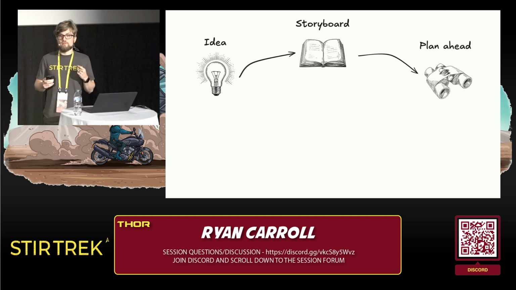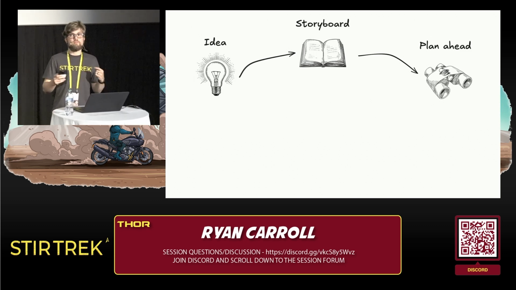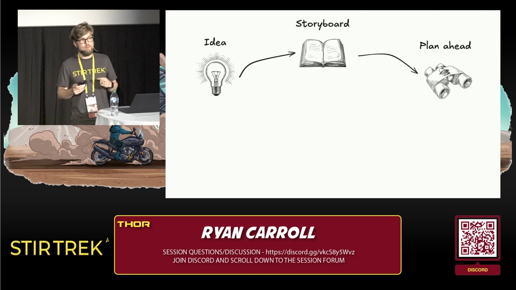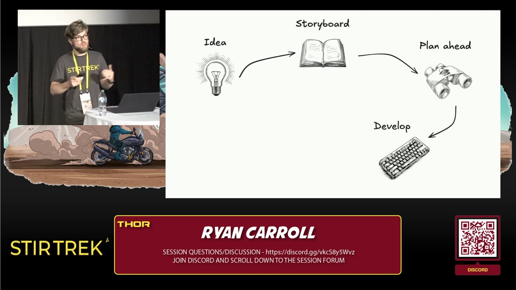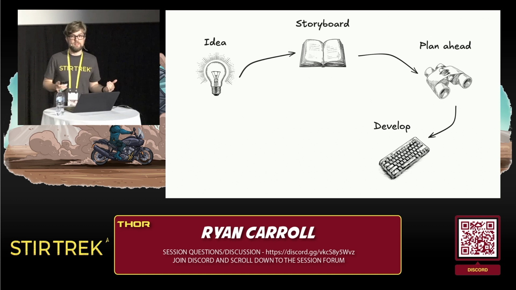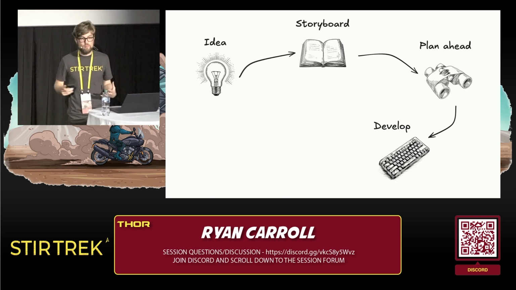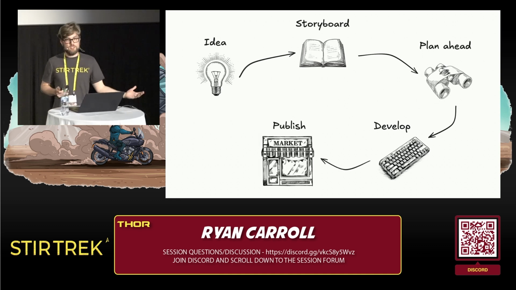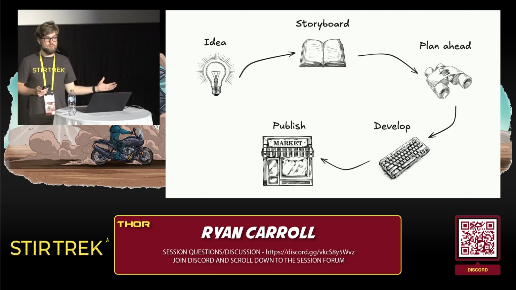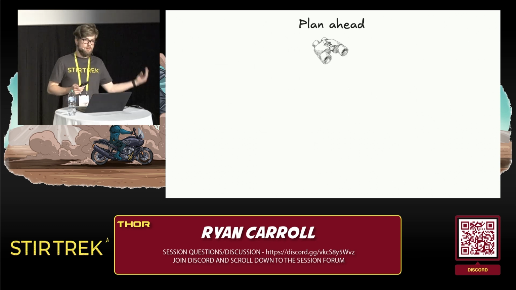And there's a number of things that you want to plan ahead for and think about in terms of building a mobile application that maybe you're not used to thinking about in other contexts. Then there's the development phase, actually getting through the nuts and the bolts of programming, hands-on keyboard, that kind of thing. Then there's the publishing process, which we're going to get into, and all of the hurdles that you might face there. And then that's it.